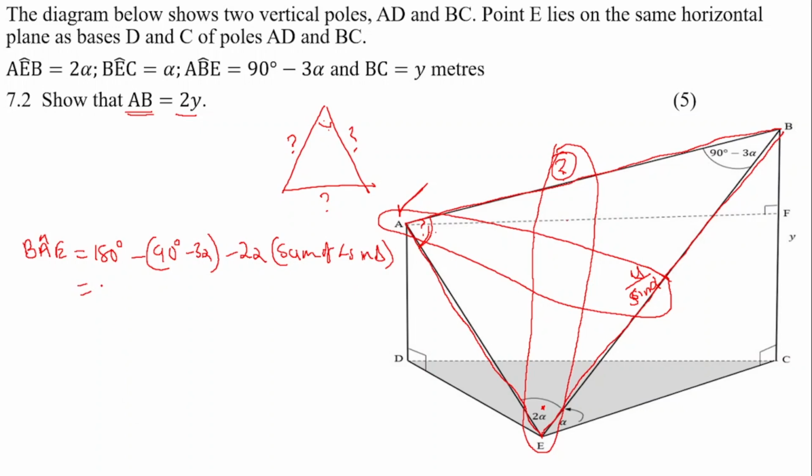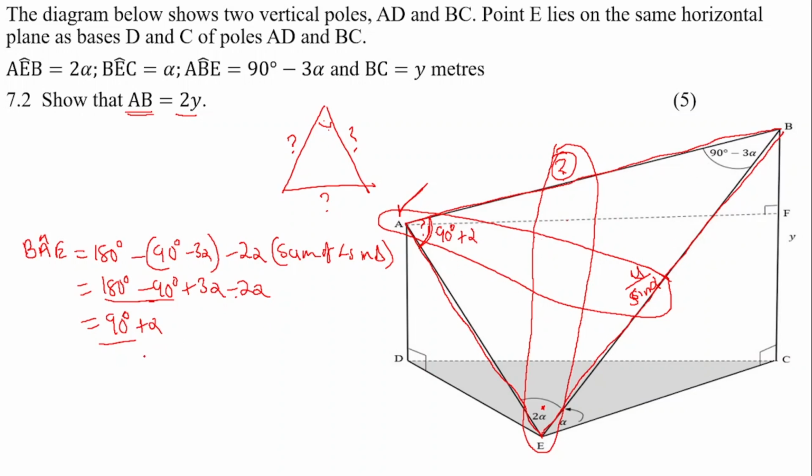This becomes 180 degrees minus 90 degrees plus 3 alpha, then minus 2 alpha. 180 minus 90 is 90 degrees, and 3 alpha minus 2 alpha is alpha. So this angle here is 90 degrees plus alpha. Now we can use the sine rule for this.